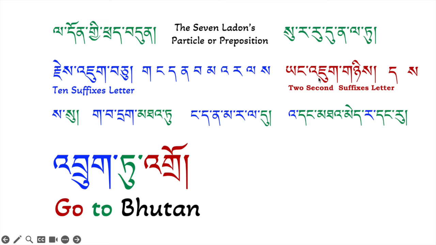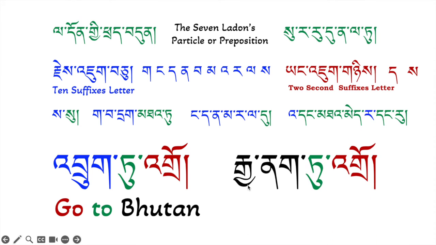Takta is the second suffix ta. Always remember, after these, the Ladin particle I can use is tashabyu tu. Here, ka and pa. What I can see here is ka. After the suffix ka, I have to use the Ladin particle tashabyu tu. The rule is clear, so you don't get confused. Duk tu do, go to Bhutan.